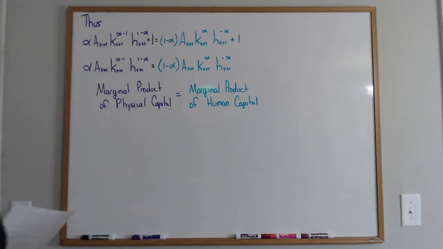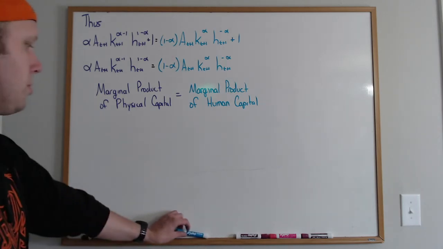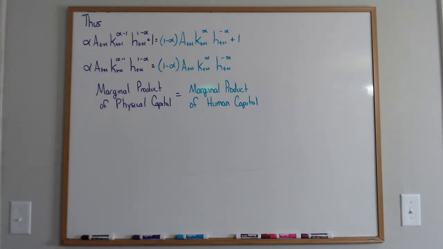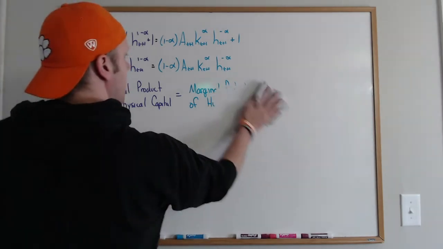Now, a little bit of algebra, a little bit of stuff to work out. I'm not going to go through all the algebra because you will not be responsible for all the algebra on this stuff. I think I've made you do enough algebra and solving these things out already.